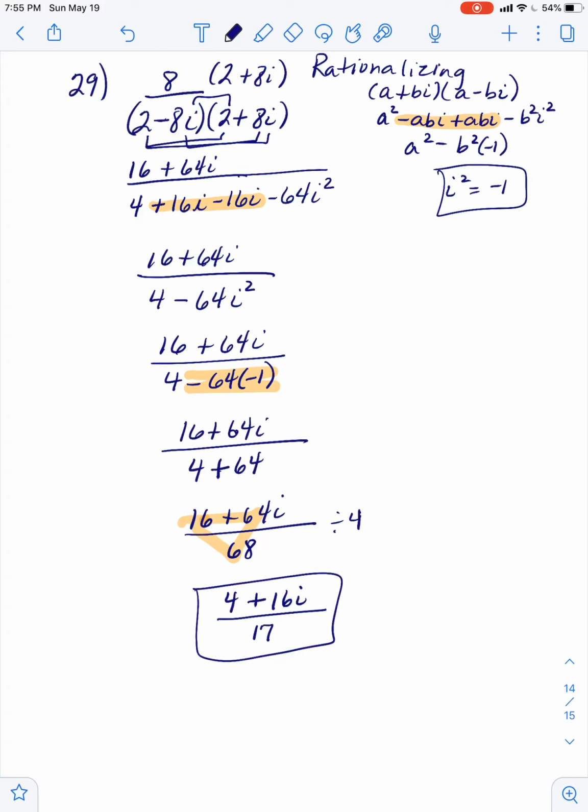Okay, so again, I showed every little step possible, but basically the rule is, again, to multiply it by what we call its conjugate, so that we cancel out this middle piece of it. Okay, so that's 29. 30, we're going to do exactly the same thing.